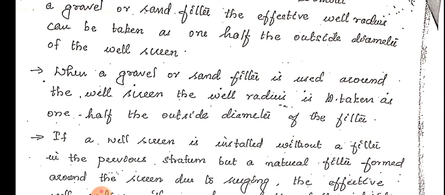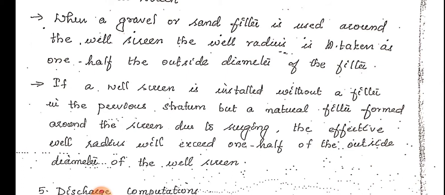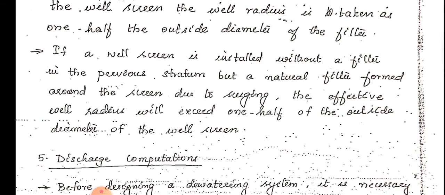When the gravel or sand filter is used around the well screen, then the well radius is taken as 1/2 the outer diameter of the filter. If a well screen is installed without a filter in the pervious stratum, but a natural filter forms around the screen due to surging, the effective well radius will exceed 1/2 of the outside diameter of the well screen.